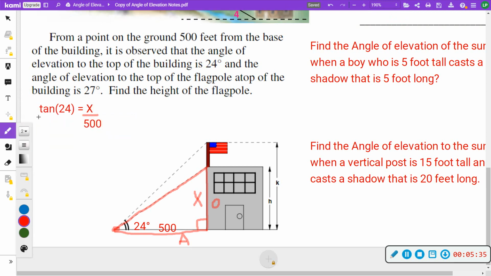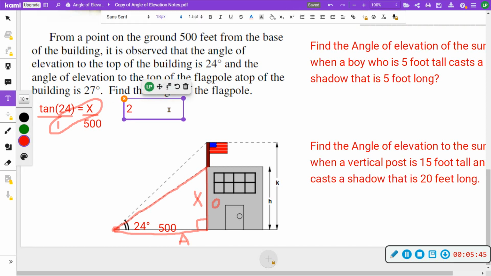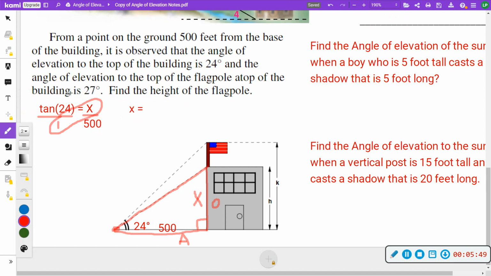Remember, we then just put this over 1. We cross multiply. So that's going to be 1x, or just x. And then I'm also going to cross multiply here, which is 500 times tan of 24.